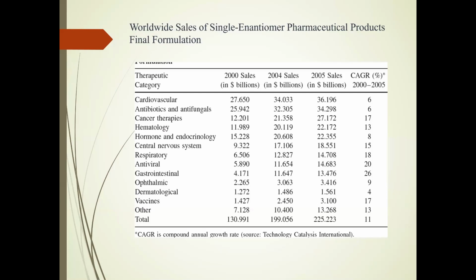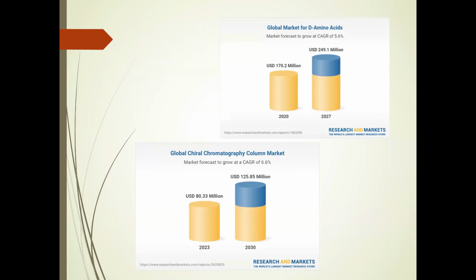So this obviously shows how big and how important this market is. Let's look at some other things which might be more important to us here. The global market of D-amino acids is around $20 million at this time. And another analytical market is the global market for chiral chromatography columns, which is 80 million right now.